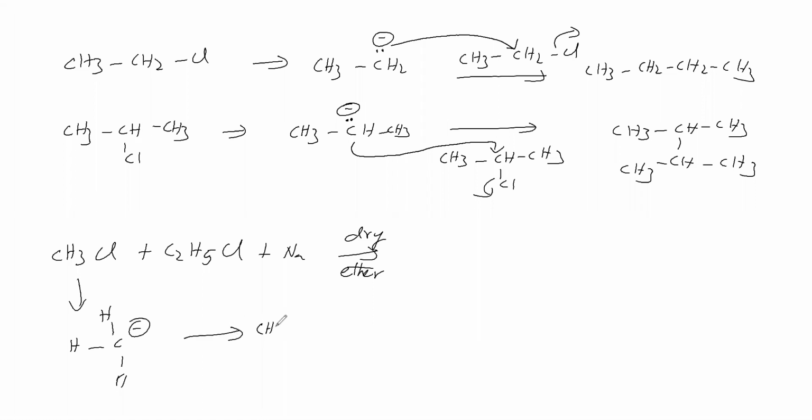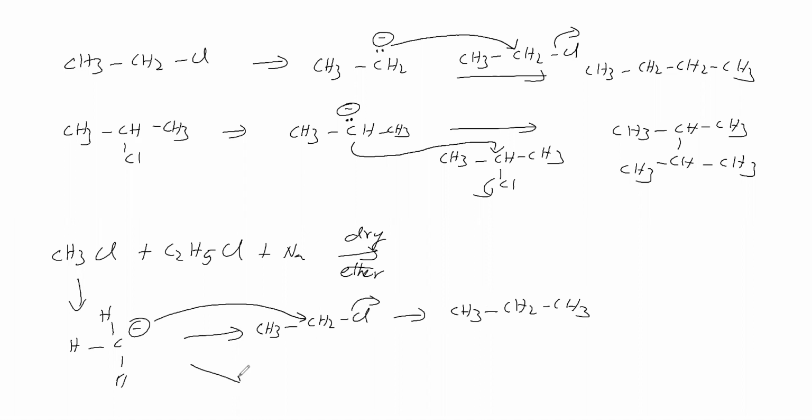This carbanion can attack ethyl chloride, attacking the carbon carrying chlorine, with Cl leaving. Therefore the product is CH3CH2CH3, an odd-numbered alkane.